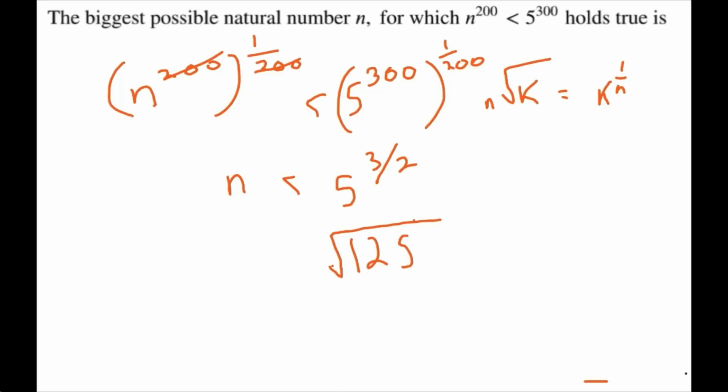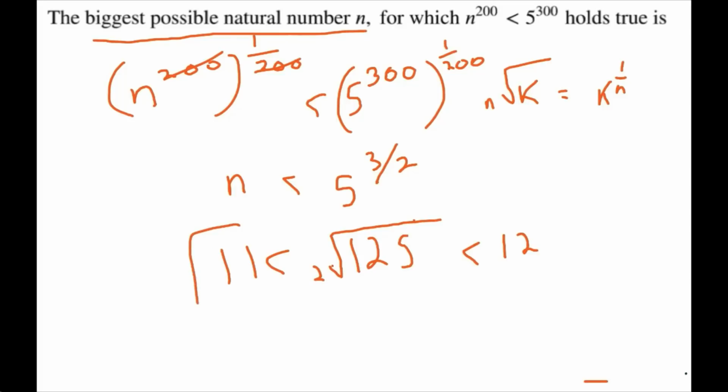Since 125 is greater than 121, which is the square of 11, we know that this number is between 11 and 12. Well, it says that n is less than this number. And since we're looking for the biggest possible natural number n, our answer is 11.